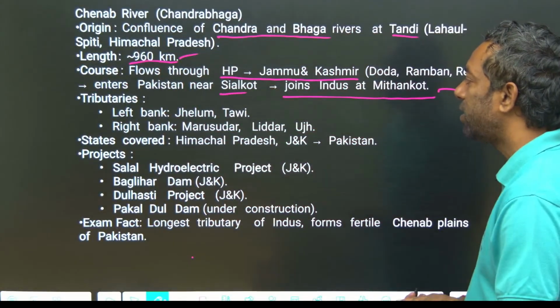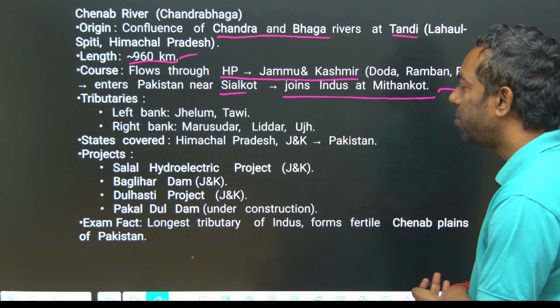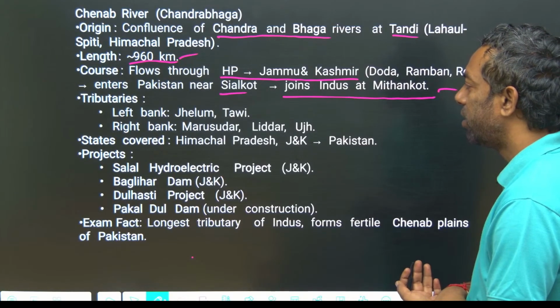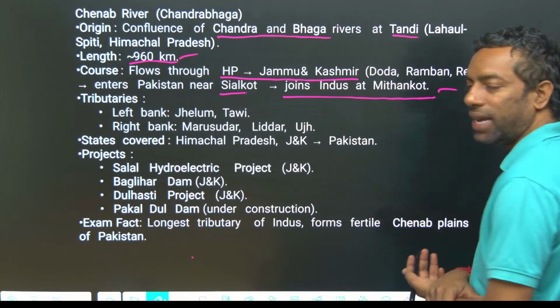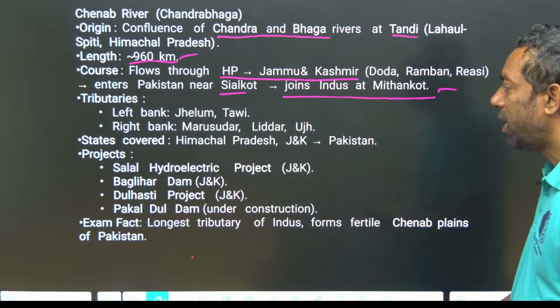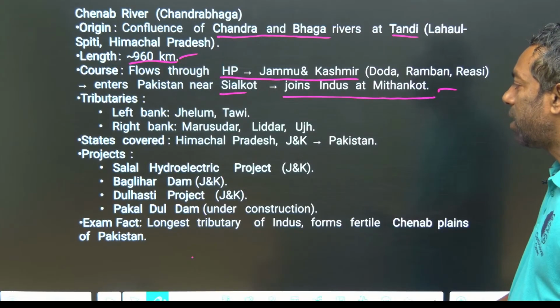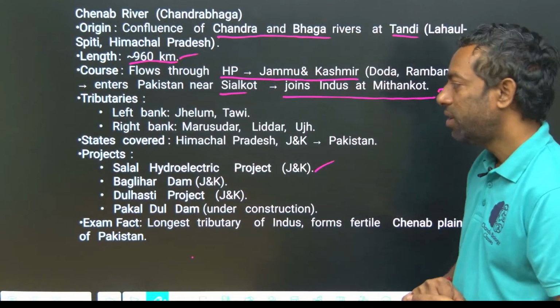Left bank is Jhelum, right bank is Musdar. They don't ask you the tributaries of Jhelum, Chenab. States covered: Himachal Pradesh and Jammu Kashmir, finally reaching Pakistan. The Salal hydroelectric project in Jammu Kashmir is on the Chenab river.